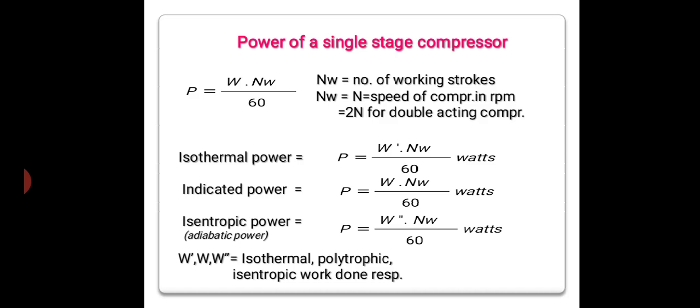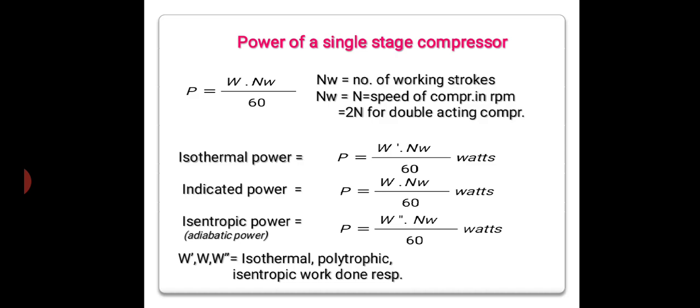Indicated power we got P is equal to W into NW upon 60. This is also in watts, so this is the indicated power, and isentropic power P is equal to W dash NW upon 60 watt. So here W dash is the isentropic work we are finding, that is the adiabatic work, also reversible adiabatic work. So by using that reversible adiabatic work we are finding the power.